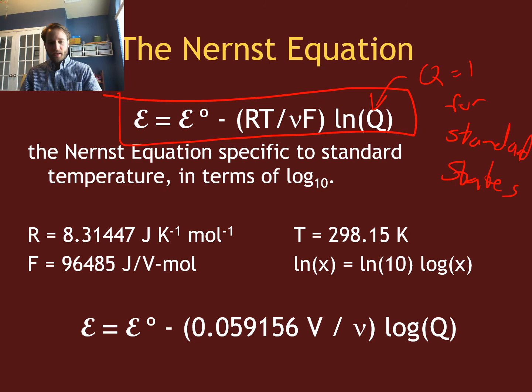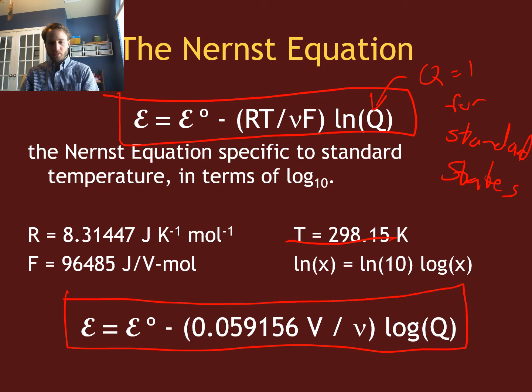At 298 Kelvin, this Nernst equation can also be written in terms of the log of Q, and has this value of minus 0.05916 volts divided by the number of electrons transferred times the log of Q.